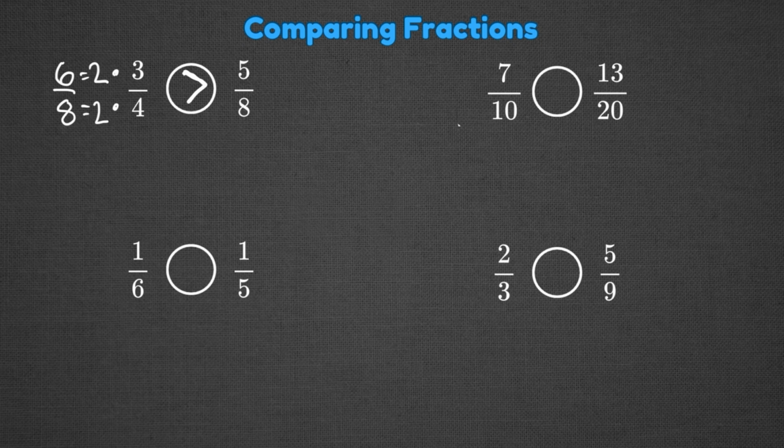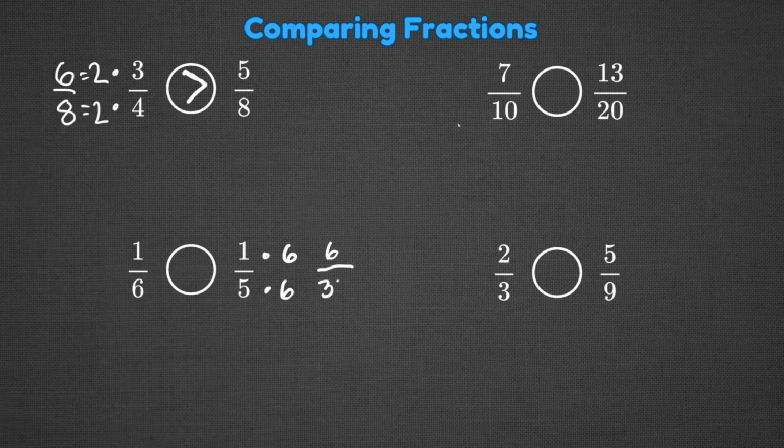Down below, I see 1/6 something 1/5. I'm going to think about a common multiple that both 5 and 6 share. Well, 5 times 6 gets me 30, so that is always an option. But remember, if I make the bottom 6 times bigger, I must make the top 6 times bigger as well.